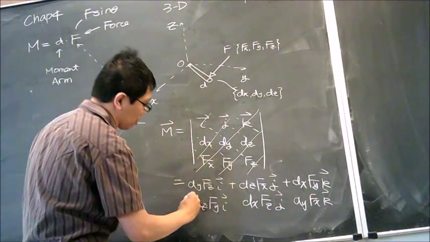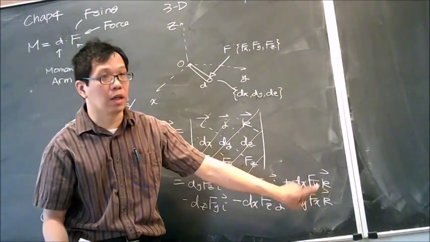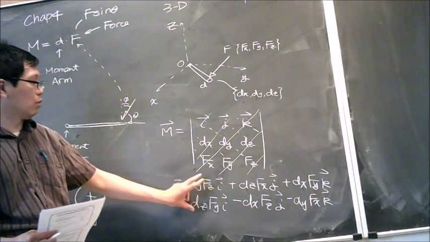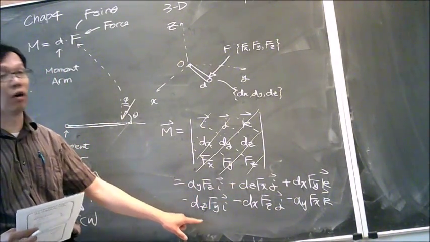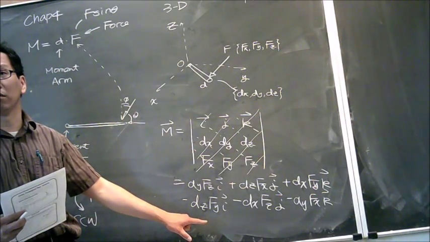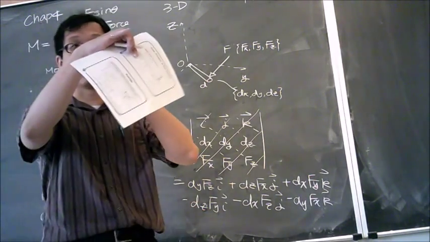If it's this direction, then you are negative. So you just add those numbers together, you get your k value. You put these two numbers together, you get a j value, and you put these two numbers together, you get your i value. Is that straightforward? Everybody understand what I'm talking about? This is going to be a little bit tedious, so be sure you practice this a lot of times.